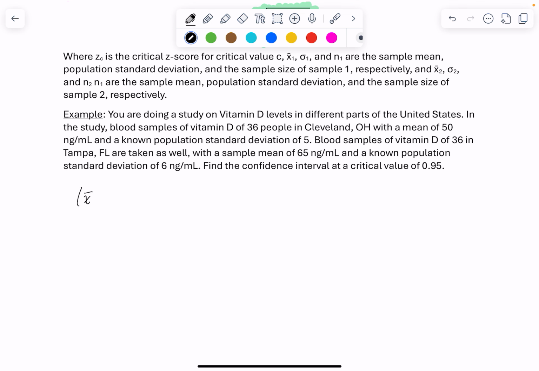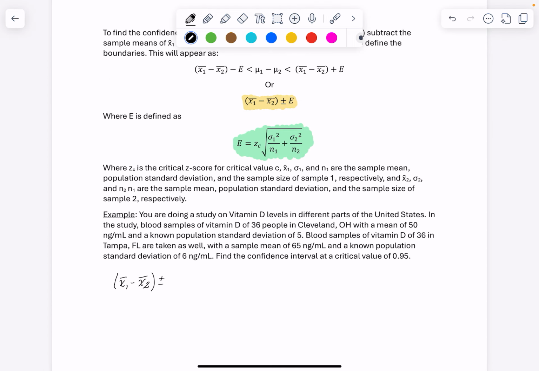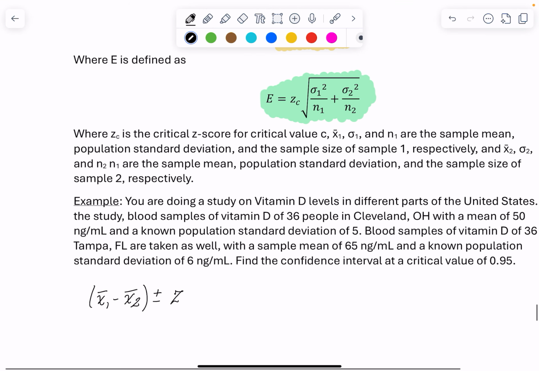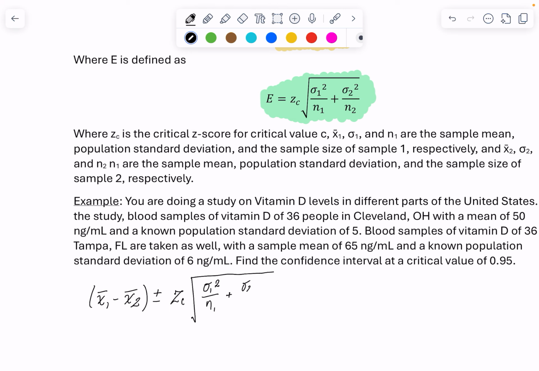The difference in the first sample mean and our second sample mean is going to be added or subtracted to our margin of error, which we have as z sub c times the square root of the first population standard deviation squared over its corresponding sample size, plus the population standard deviation of the other sample squared over its sample size.